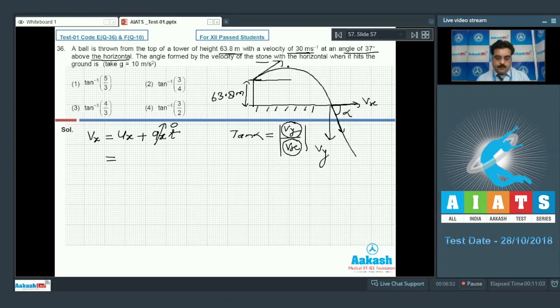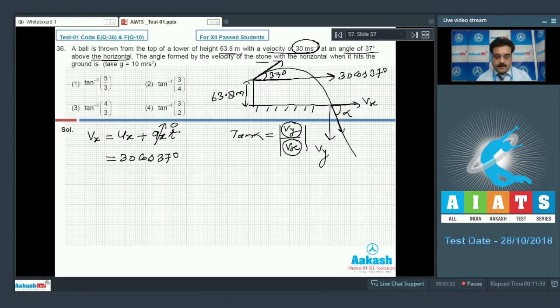Because the ball is projected with velocity 30 meters per second at an angle of 37 degrees, the horizontal component is 30 cos 37 degrees.